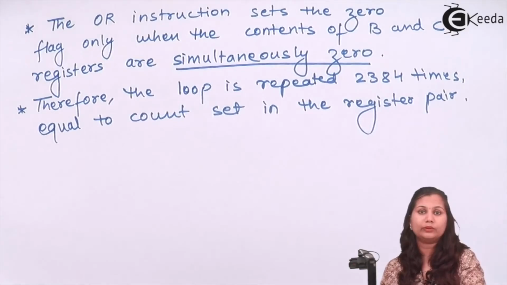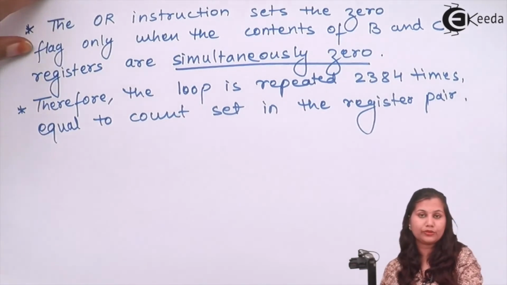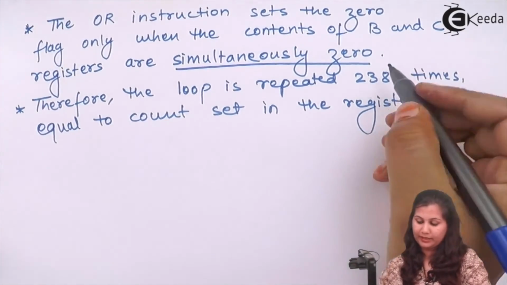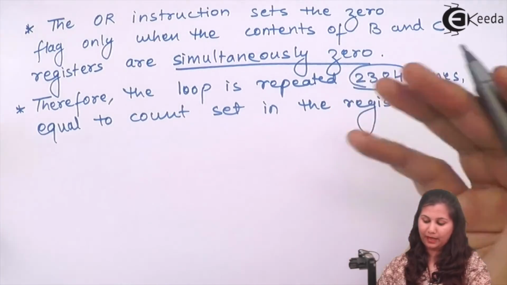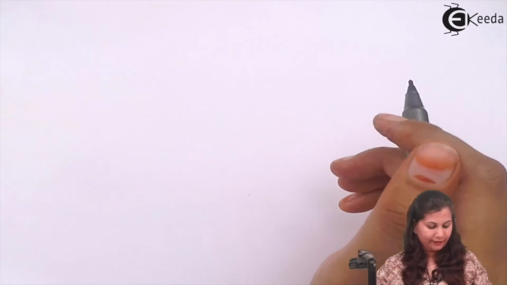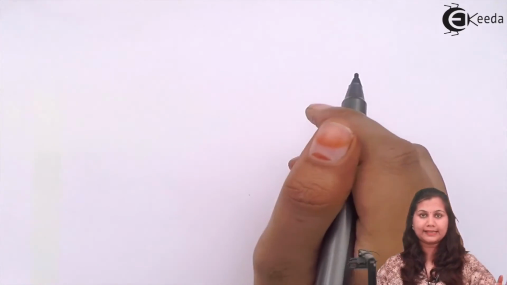Now how can we calculate the time delay which is introduced by this register pair, this 2384 count? The formula is the same which we have used earlier.